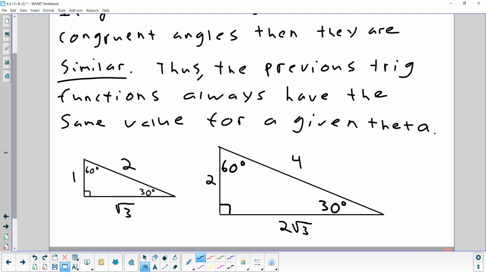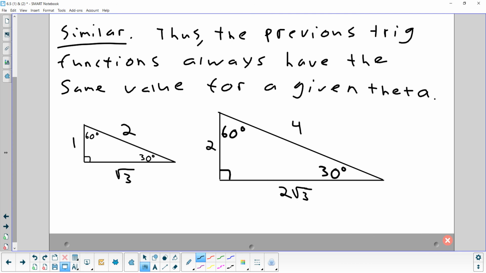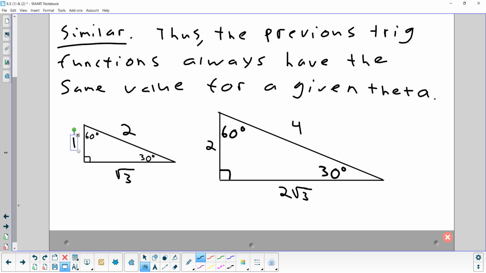So let's look at an example. Here are two 30, 60, 90 triangles. One of them is twice as large as the other. But these are to scale. The sides are correctly labeled, and you can check with the Pythagorean theorem. A squared plus b squared does equal c squared. It all works.